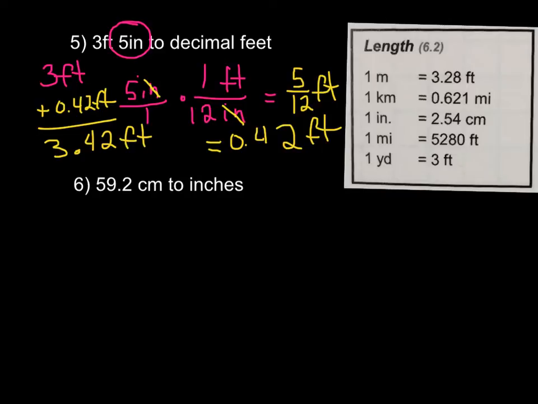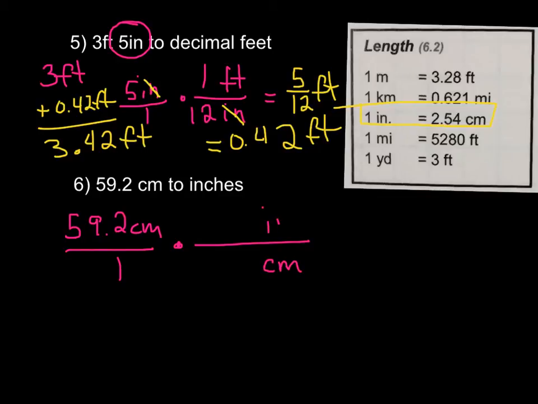All right, so now we're going to go from centimeters to inches. So we're looking right here, centimeters to inches. We're doing 59.2 centimeters over 1, and we're going to change it to inches. So remember, you want your centimeters on the bottom, so that means our inches are on top.